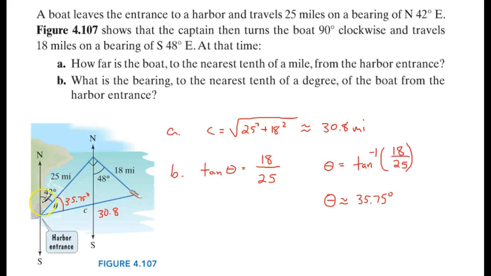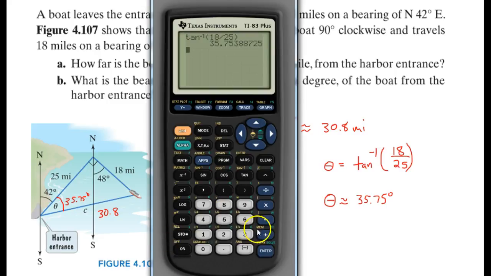Now we need that because that's what this angle is. And for the bearing, we need to know how far we are off of that north angle. So if we add those two together, 35.75 plus the original 42 that's off the north, now we get how many degrees we are off of north, or east of north, if you will.